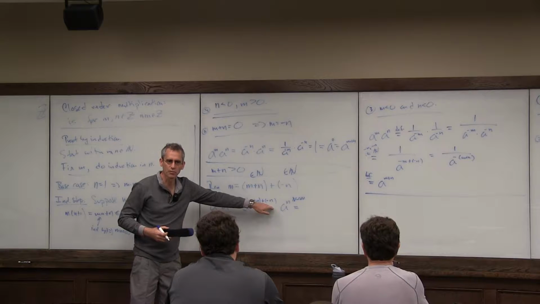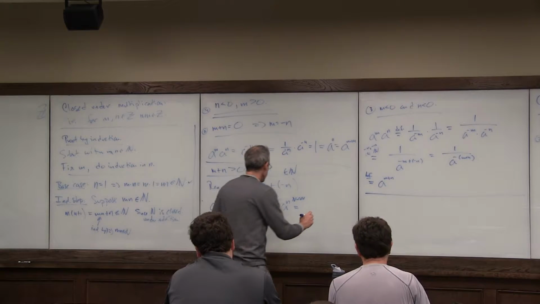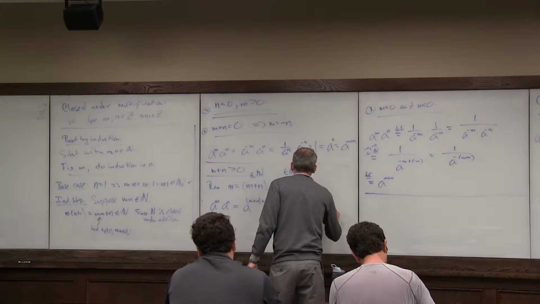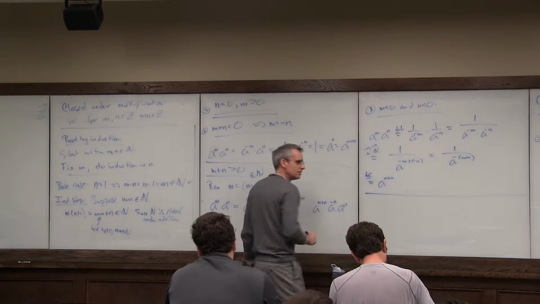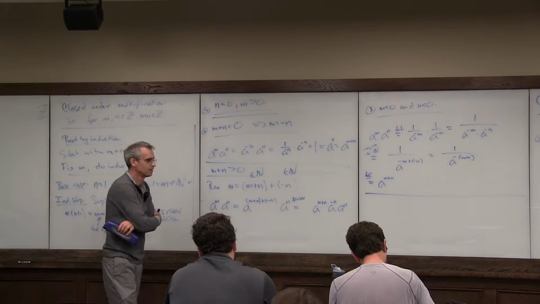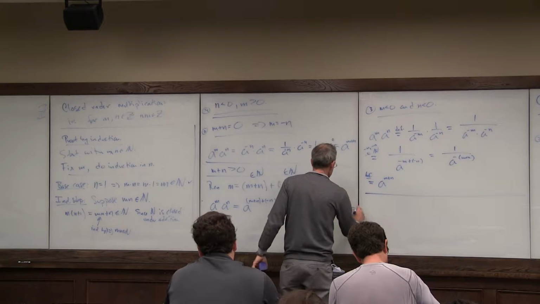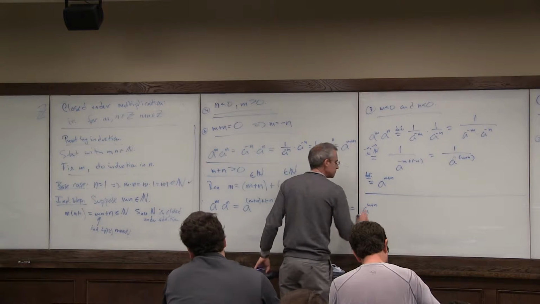Natural number plus natural number, I know what that is. That's a to the m plus n, a to the minus n, a to the n. And then we already checked that this is okay. So this is a to the m plus n.